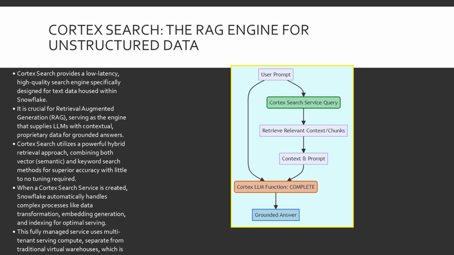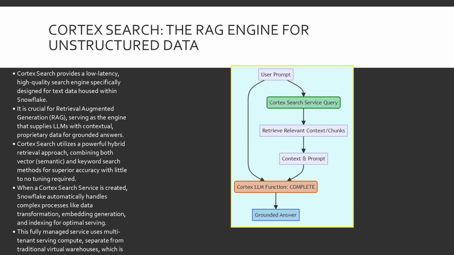Second, the initial prompt, along with the newly retrieved context, is combined into a comprehensive package labeled context and prompt. This enhanced input is then passed to the Cortex LLM via a Cortex LLM function, typically complete. The LLM uses this high-quality, relevant context to generate a precise, factual, and grounded answer, ensuring the response is based on your proprietary data.